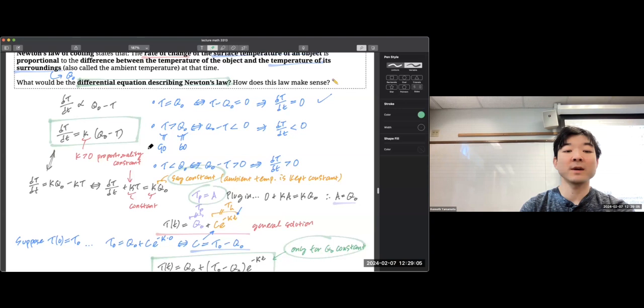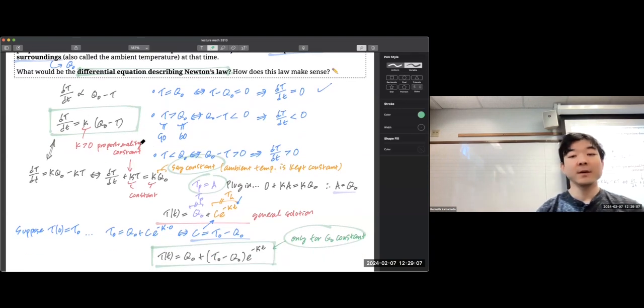I guess I should have also mentioned that this K right here is the proportionality constant. The rate of change of the temperature is going to be proportional to the difference between the temperature of the surrounding and the temperature of the object.